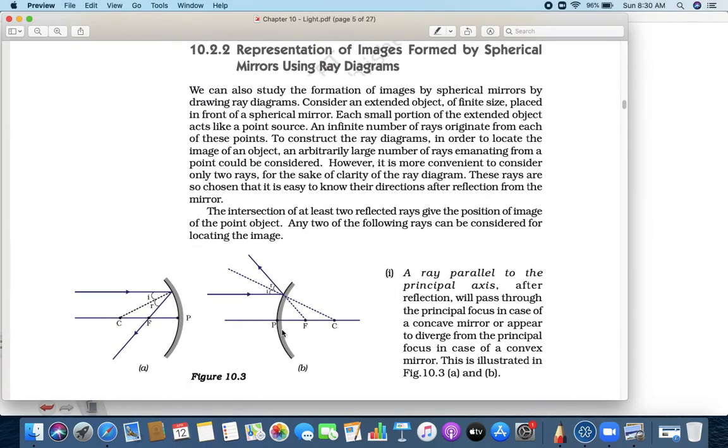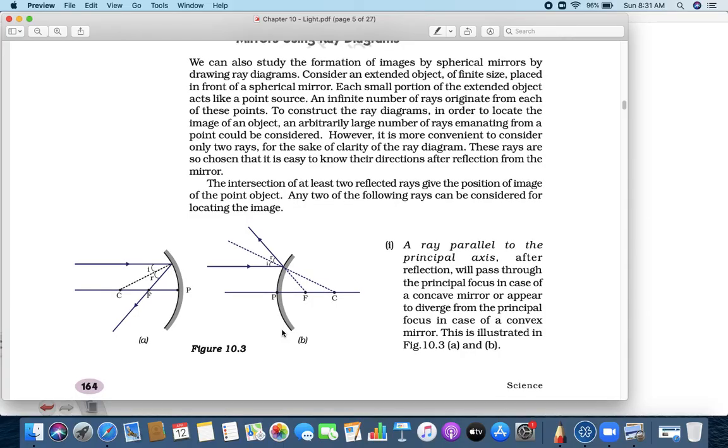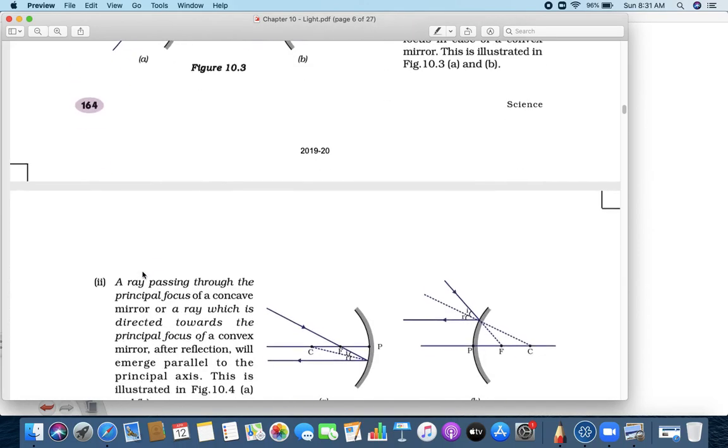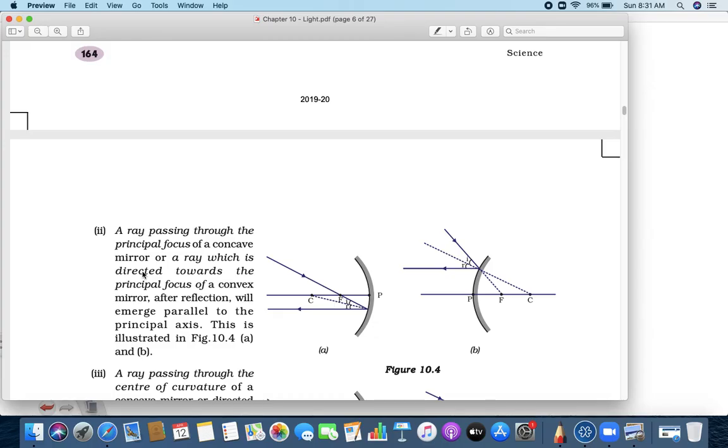Last time I told you there are four ways a light can behave. The first: if a light is parallel to the principal axis, after reflection it always passes through the principal focus. The second: if an incident ray passes through the principal focus, after reflection it will become parallel.